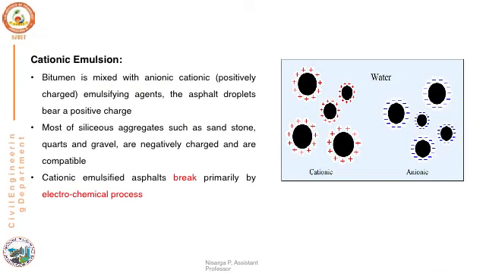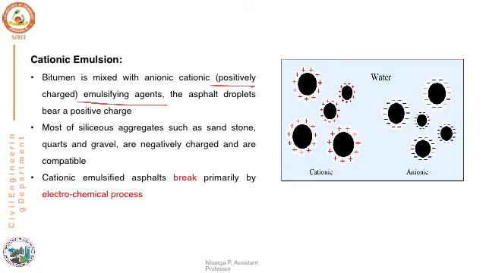So the next type of emulsion is the cationic emulsion. The cationic emulsion can be prepared by mixing the bitumen with a positively charged emulsifying agent, such that the bitumen droplets bear positive charges.